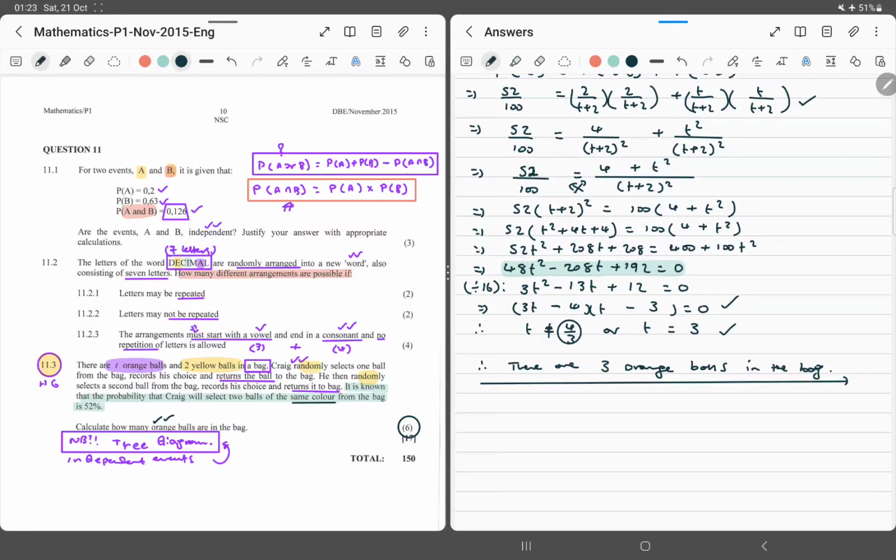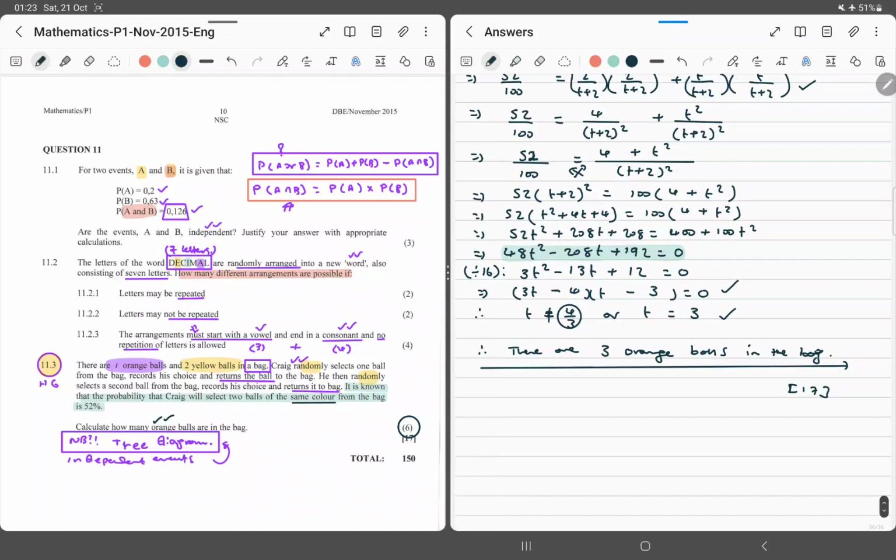So this paper was long, guys. It was very long. Okay, the last question was not so nice. 17 marks for a total of 150 if everything went according to plan, unless we've made a mistake somewhere. So if you spot any mistakes, please let me know so that I can confirm whether it's a mistake or it's deliberate.